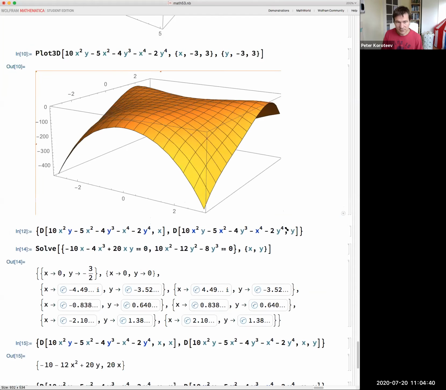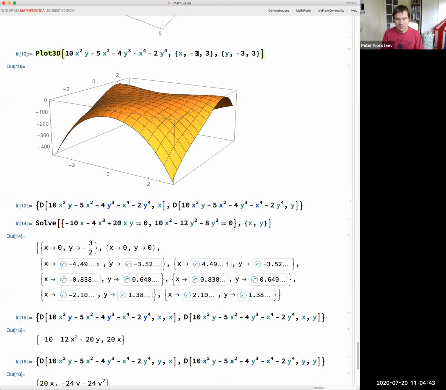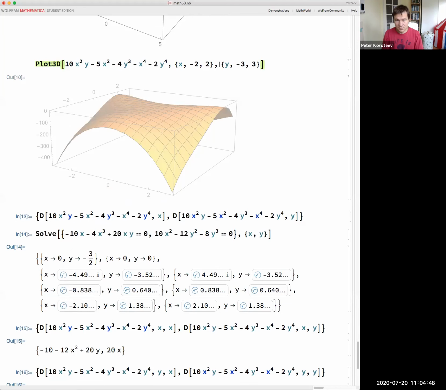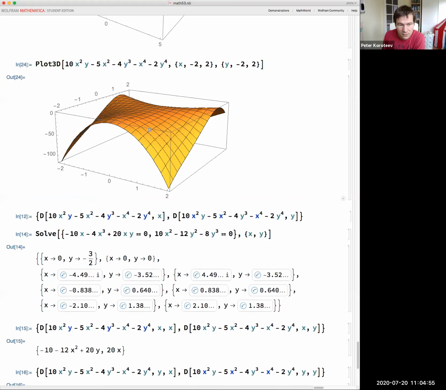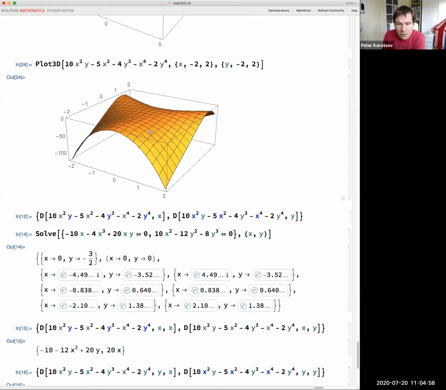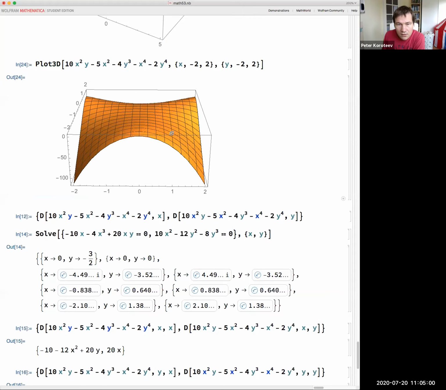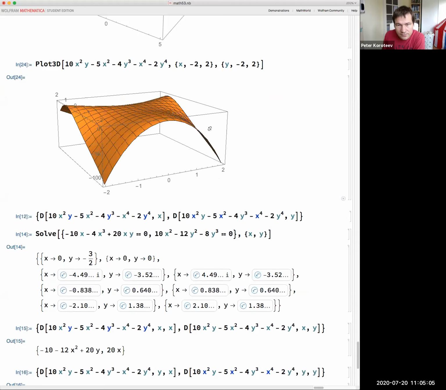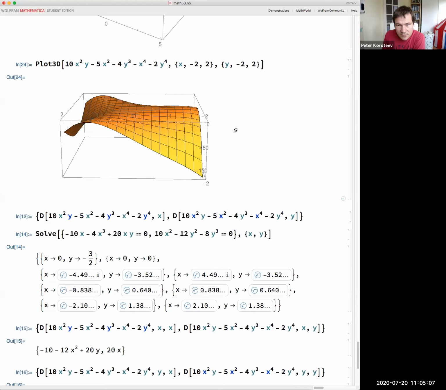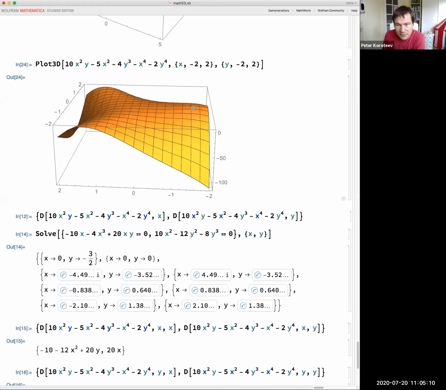Try to make it bigger. I think it's somewhere here. If you go to white a little bit longer, so minus 3 to 1.